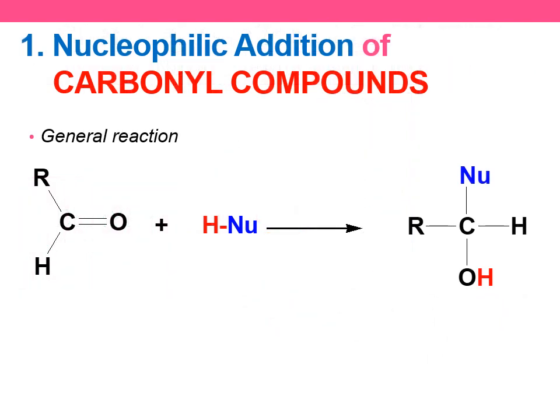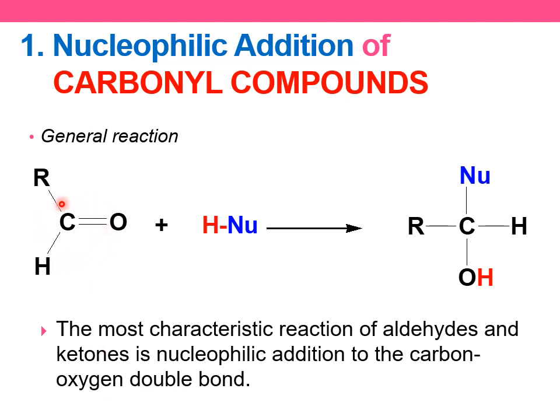Let's look at the general reaction of nucleophilic addition. As you can see here, this is an aldehyde which is going to be reacted with a nucleophile. That's why we call this reaction nucleophilic addition. We add nucleophile into the carbonyl compound and we are going to get an alcohol over here with a nucleophile attached to the originally carbonyl carbon.